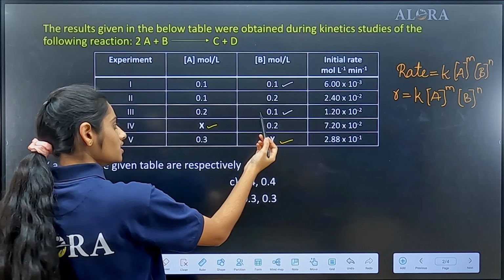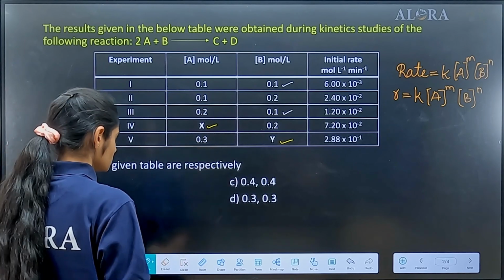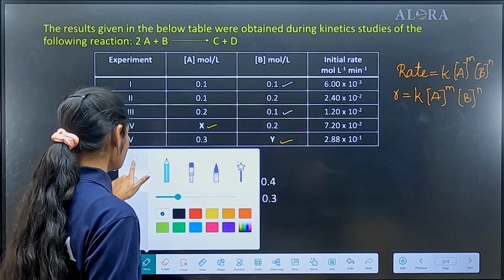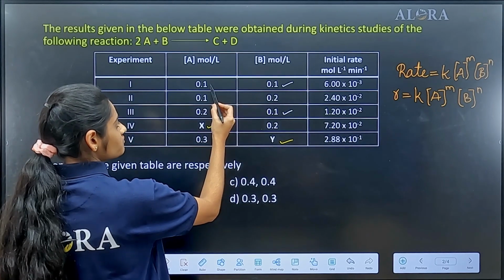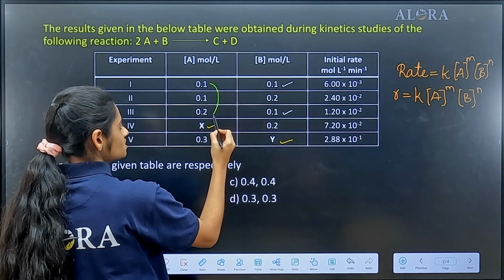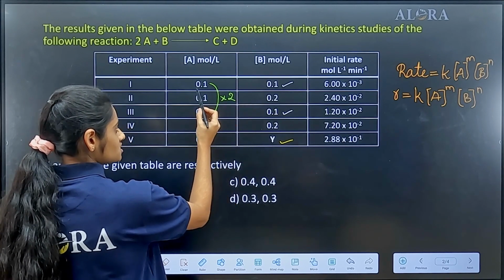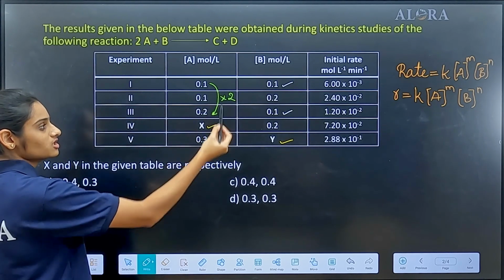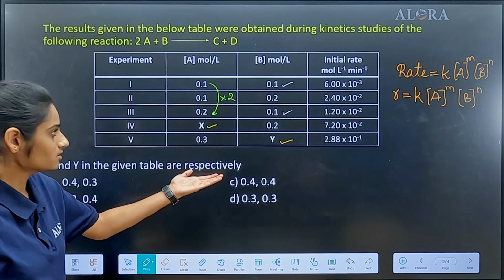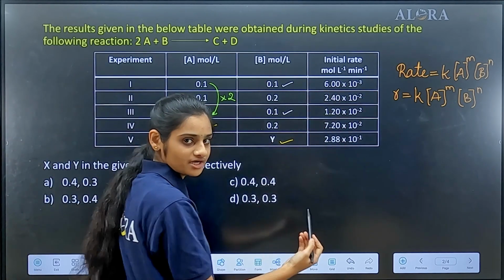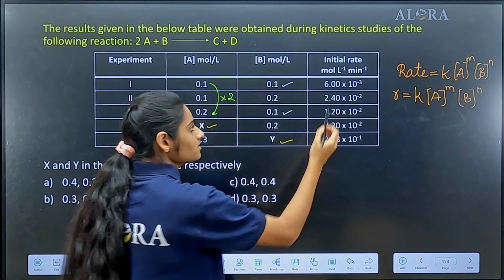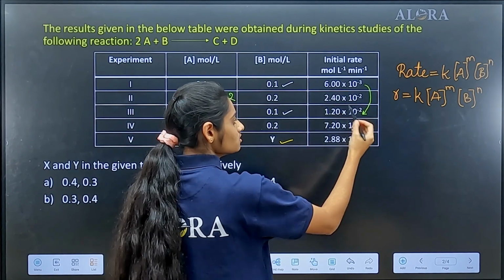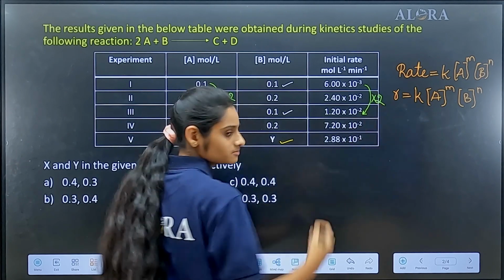Accordingly, we will see what will be the change in A and what will be the change in the initial rate. So in A, from first and third, the concentration is doubled. It is 0.1 in the first experiment and 0.2 in the third experiment.